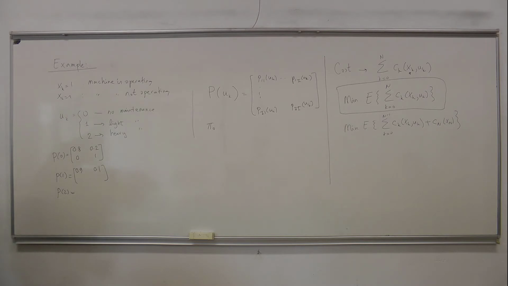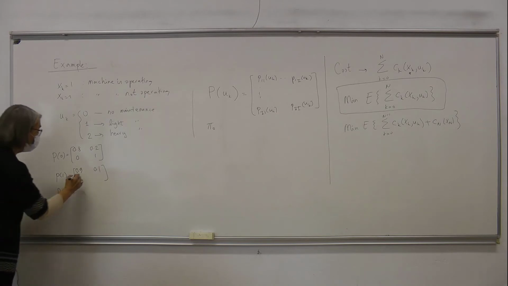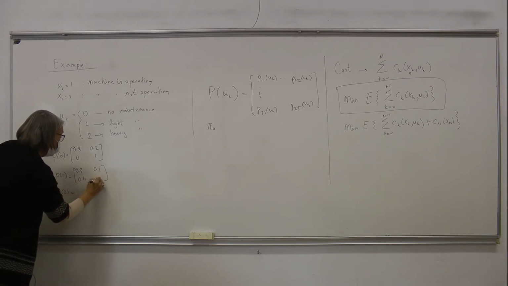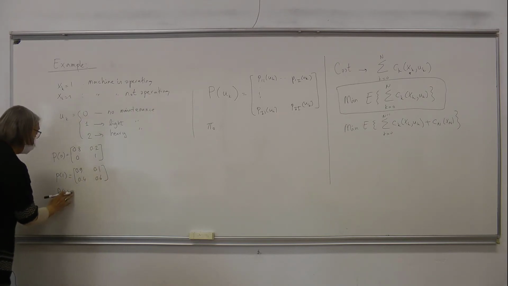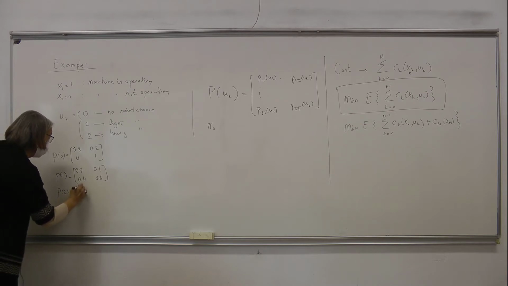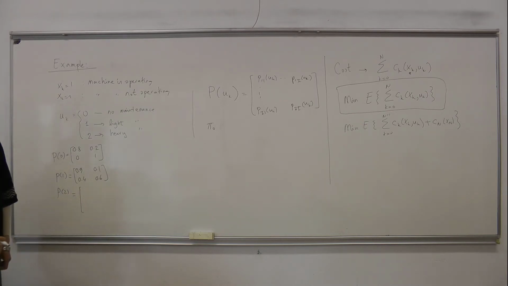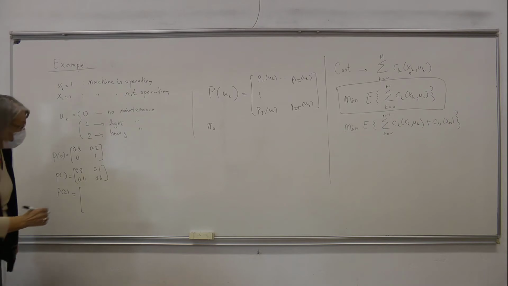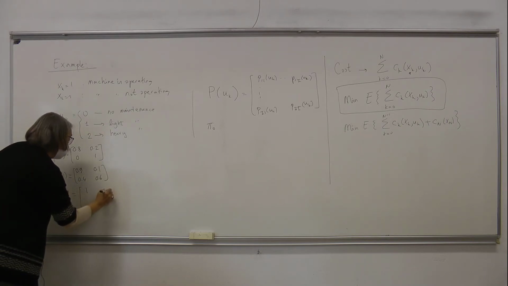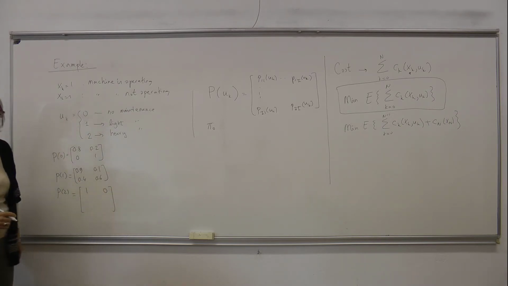And the second one is just 0.4 and 0.6. And let's write the last one, where we are applying a heavy maintenance. Then in that case, we are sure that it will remain at the operating condition, so remaining at the operating condition has a probability equal to 1.